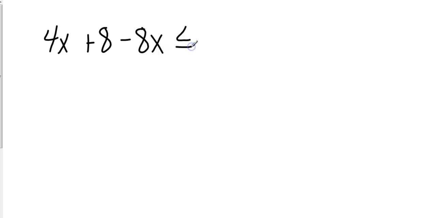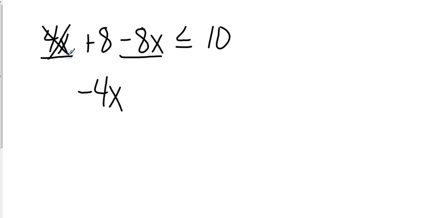You could have something like this. I do have some like terms on the same side, so I'm going to go ahead and put those together. I have 4x and minus 8x. 4x minus 8x is negative 4x.